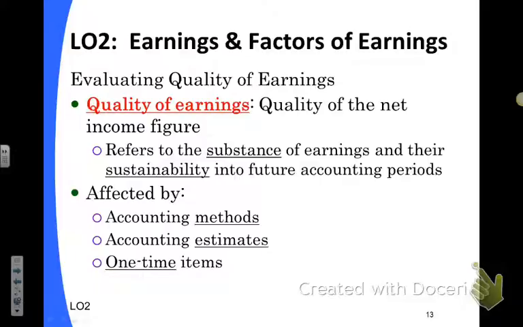We certainly want to know that they're operating profitably, that their net income is not largely derived from non-operating or other income as a source of their primary profitability. Some of this can be affected by the different accounting methods that a business uses, as well as accounting estimates, and like I said, one-time items.